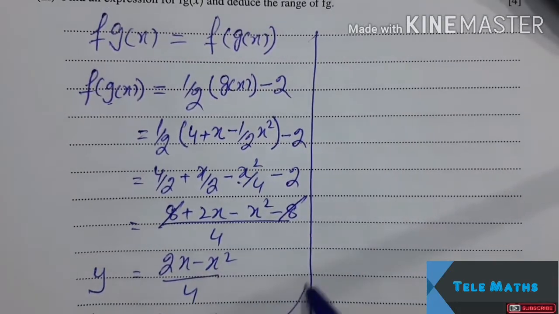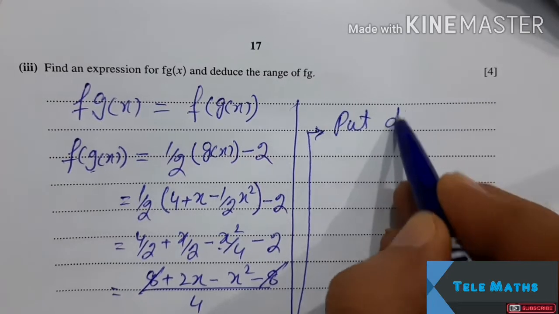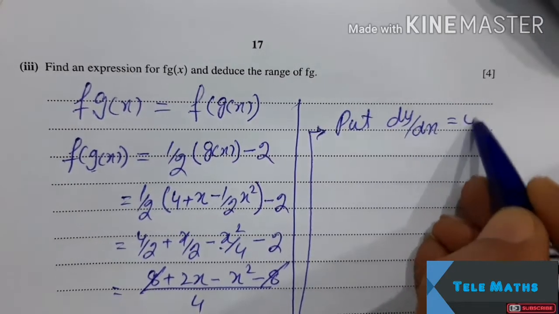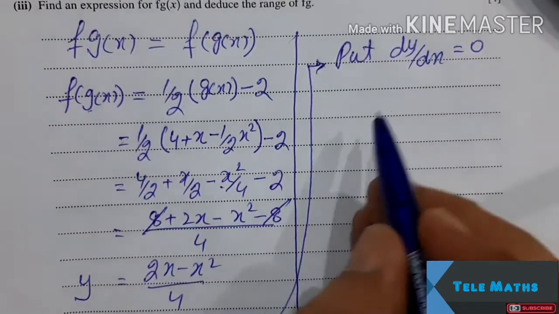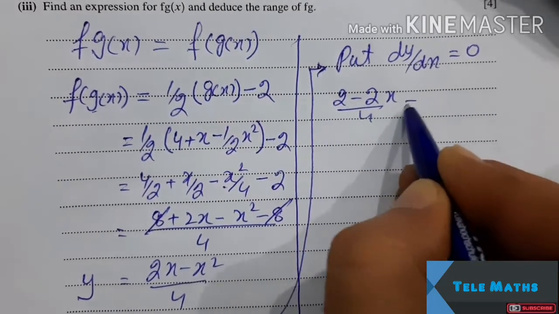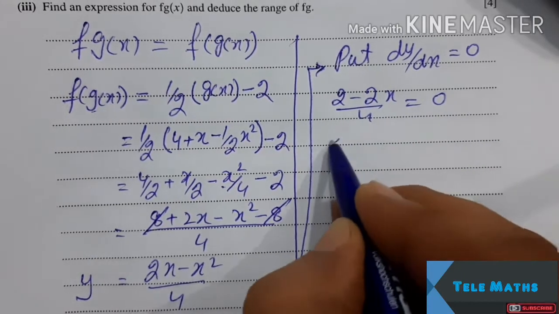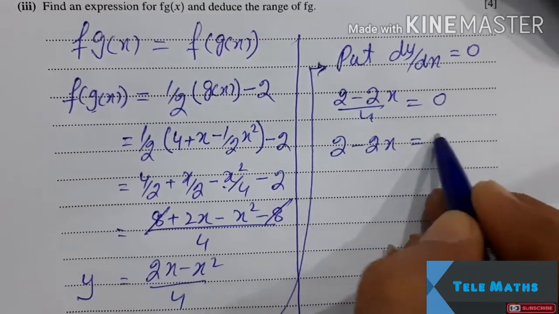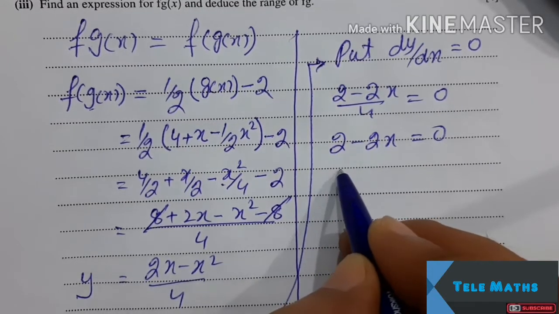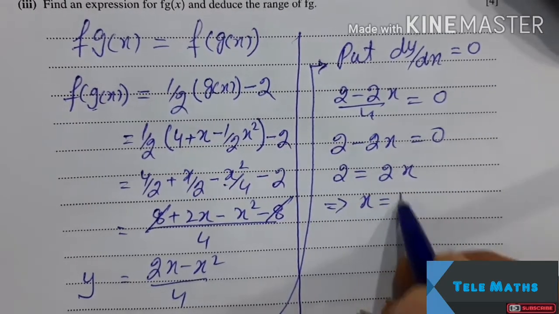Now put dy by dx equal to 0, because for the stationary point. So this will be 2 minus 2x over 4 is equal to 0. So by cross multiplying, this 4 will be 0. So 2 minus 2x is equal to 0. 2 is equal to 2x. Therefore, x is equal to 1.